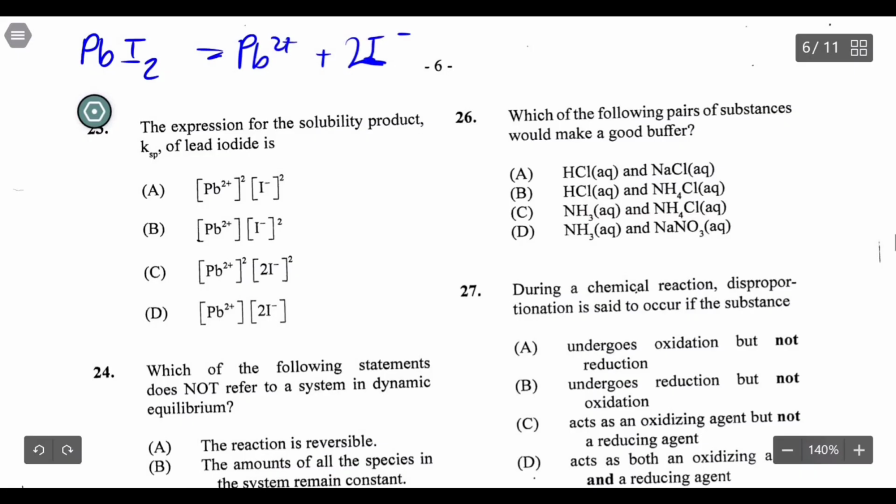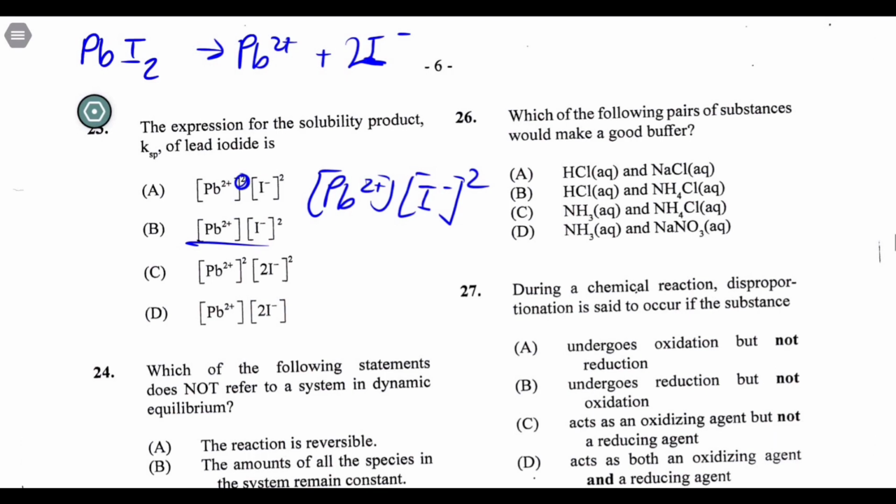So the Ksp would be equal to the concentration of Pb2 plus ions times the concentration of the I minus ions squared. Now, seeing that this has the Pb2 plus ions squared, that's not correct. This seems correct, but it's always good to check. And the 2 is not supposed to be in here, so those are incorrect. So the answer for this is B.